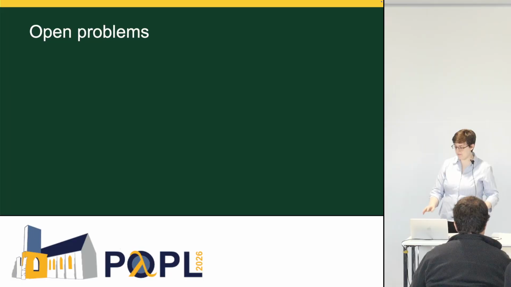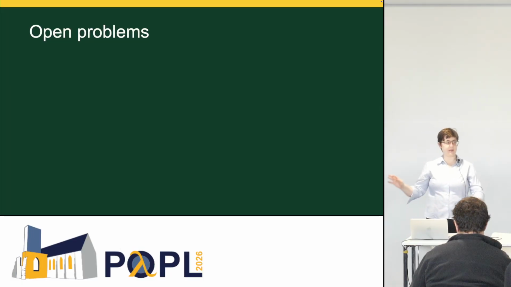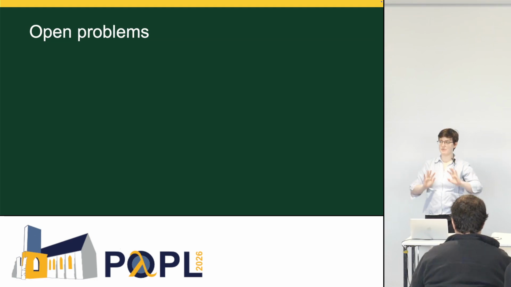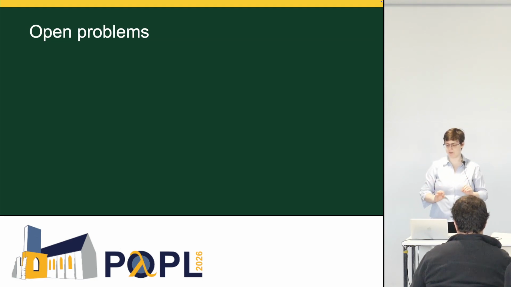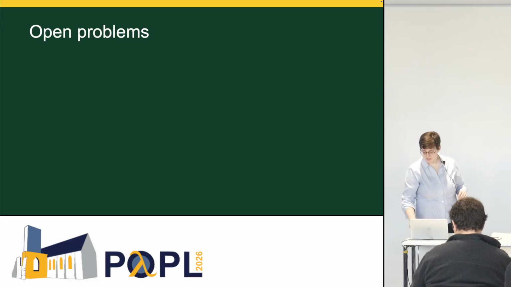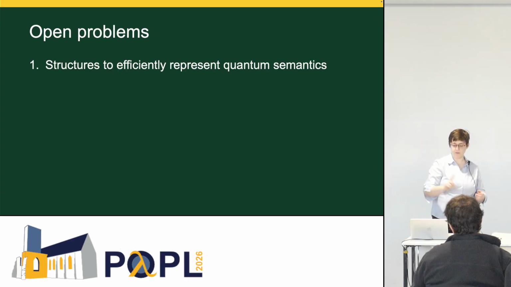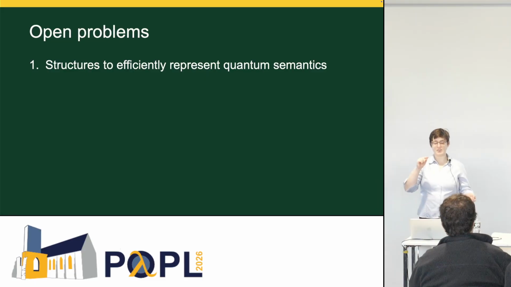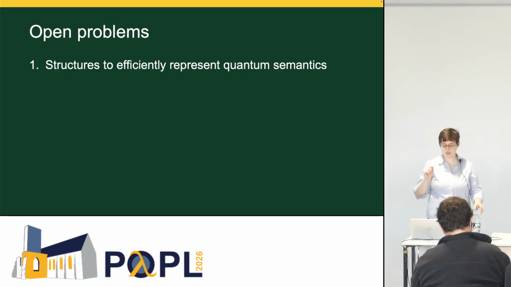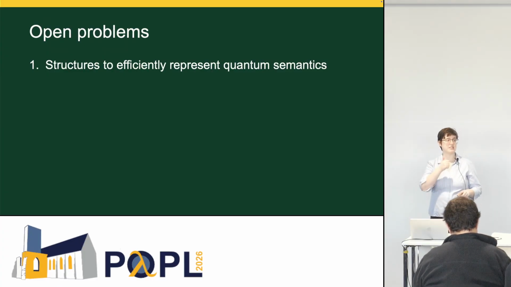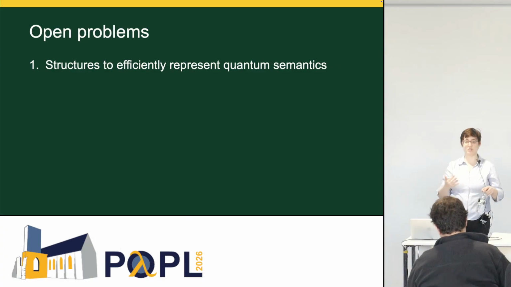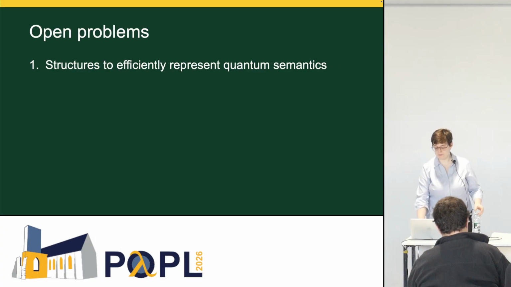Okay, so I'm going to start wrapping up. I want to summarize some of the open problems that we've talked about in this talk. So open problem number 1, we talked about the structures. How do we efficiently represent quantum semantics in a way that's well suited to formal verification?